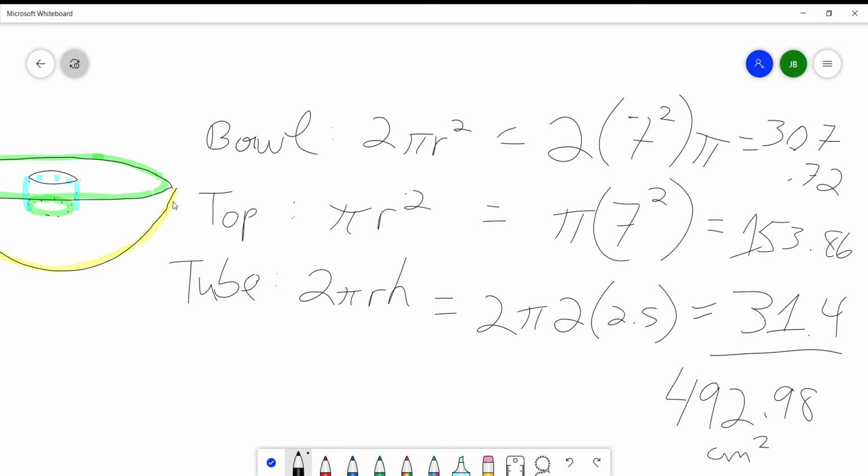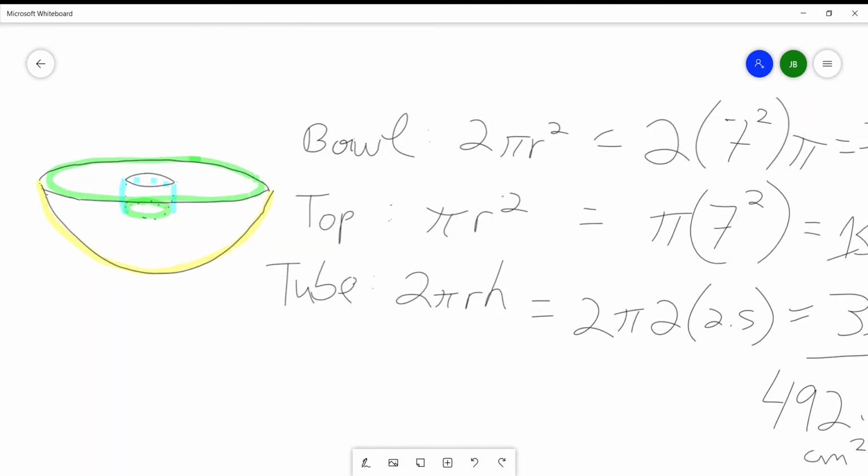So I labeled all my parts that we have to calculate. I know it's kind of confusing when we're dealing with three-dimensional figures on a two-dimensional screen, but this bowl is going to be all the way around. It's the entire dome shape right here. And then the circle is 1/2 of the surface area of that.